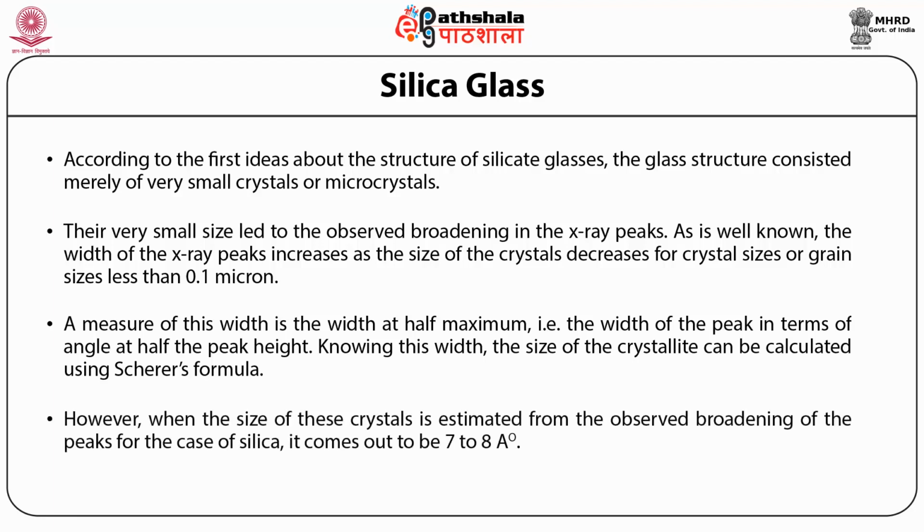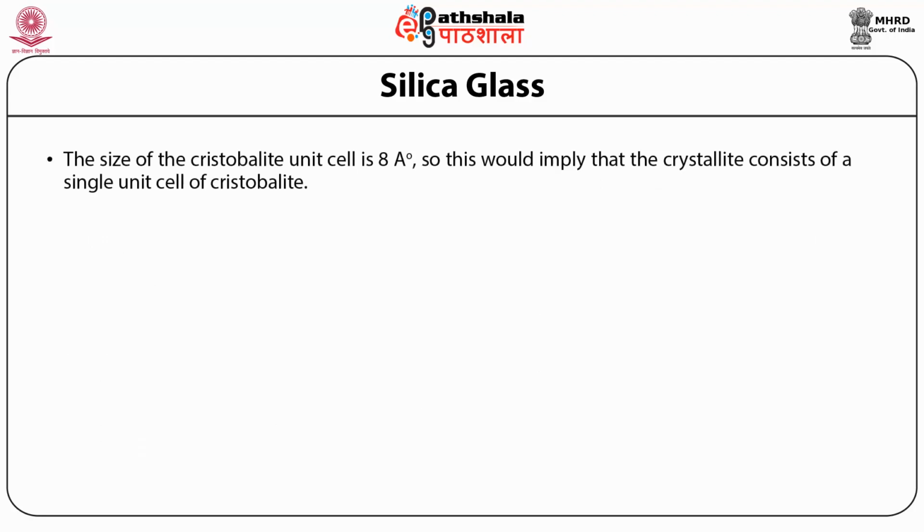However, when the size of these crystals is estimated from the observed broadening of the peaks for the case of silica, it comes out to be 7 to 8 angstrom. The size of the cristobalite unit cell is 8 angstrom.